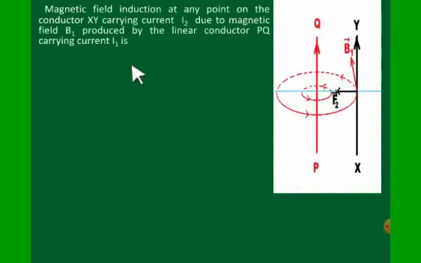So the magnetic field induction at any point on the conductor XY, carrying current I2, due to the magnetic field B1 produced by the linear conductor PQ carrying current I1 is what? B1 is equal to mu naught by 4 pi twice I1 by R. Got it? And this will be directed inward, perpendicular to the plane of the paper.